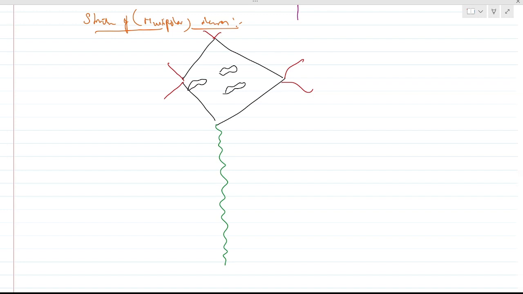Now this axon will have some cells. You have to see everything one by one. These are the cells covering the axon. The cells are for myelination. You know what they are. So let's name one by one.